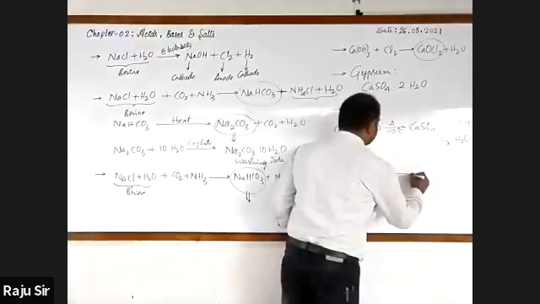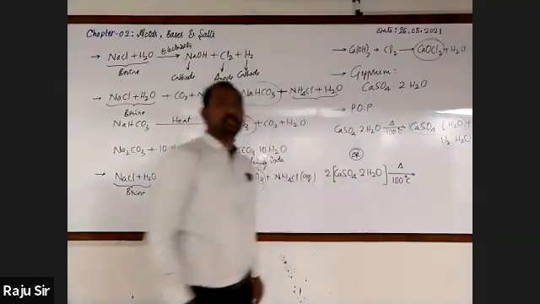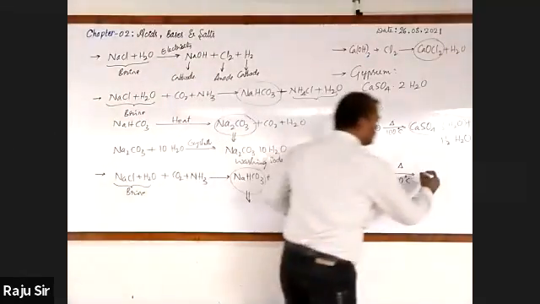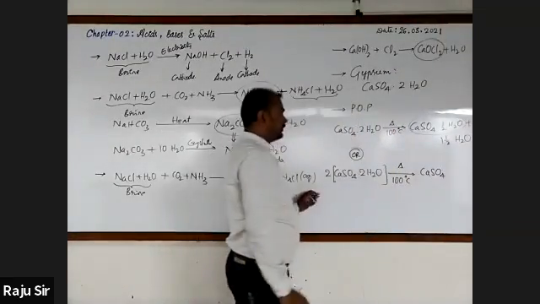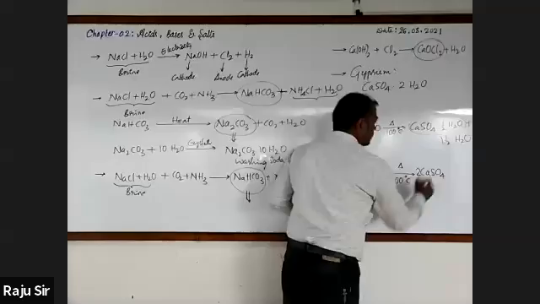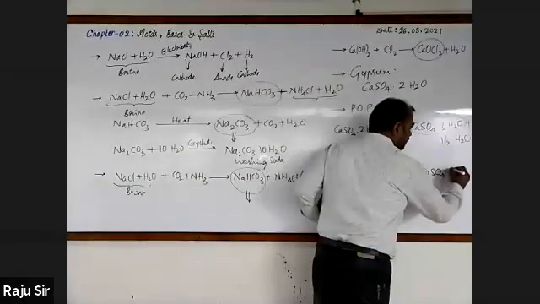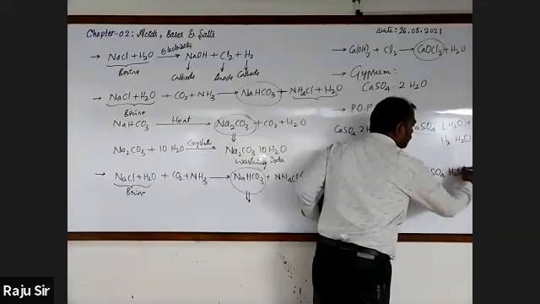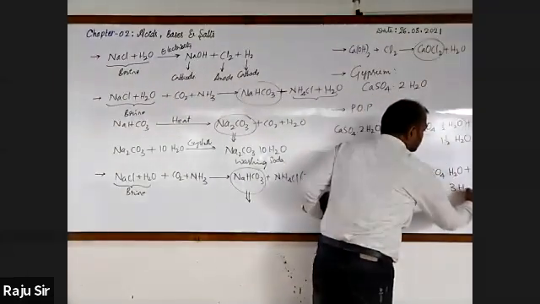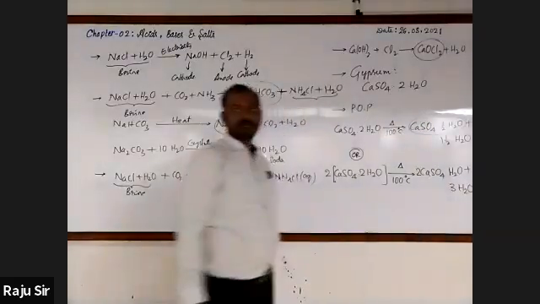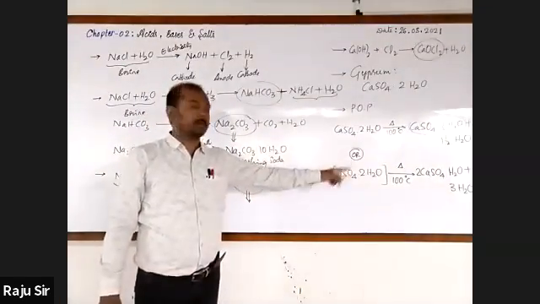When it is heated to a temperature of 100 degrees Celsius, you will get calcium sulfate: 2 molecules of calcium sulfate will contain 1 molecule of water, and 3 molecules of water get separated. This is the chemical equation which you must remember.